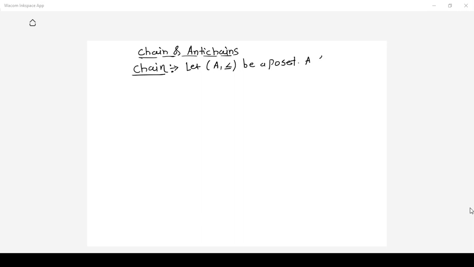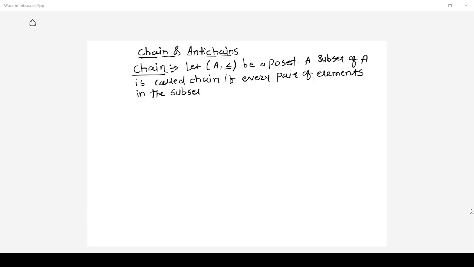a subset of A is called a chain if every pair of elements in the subset is related.